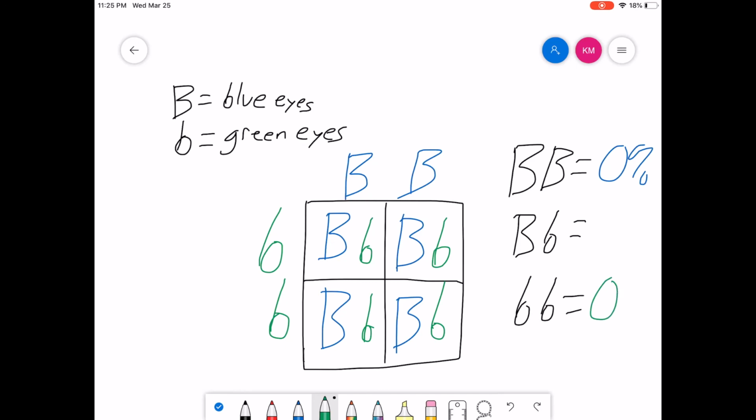So our chance of being homozygous recessive is also 0%. And last but not least, we have our heterozygous, which, as you can see, we have 1, 2, 3, 4 possibilities of a heterozygous individual, which gives us 100%.